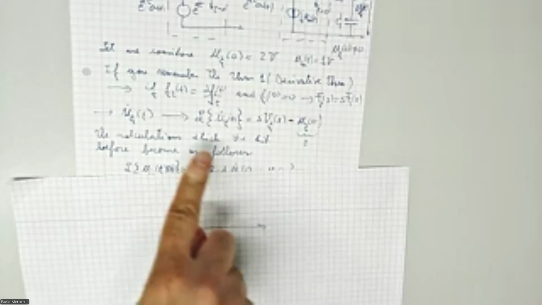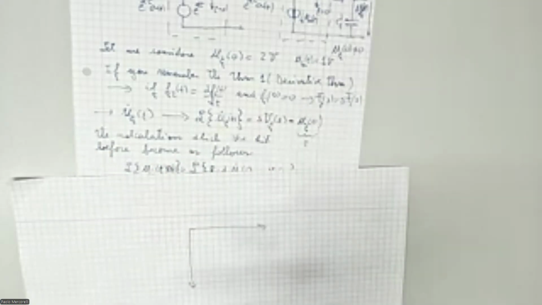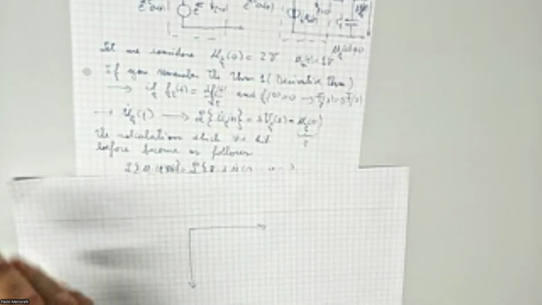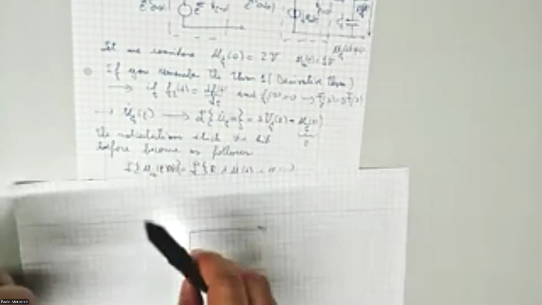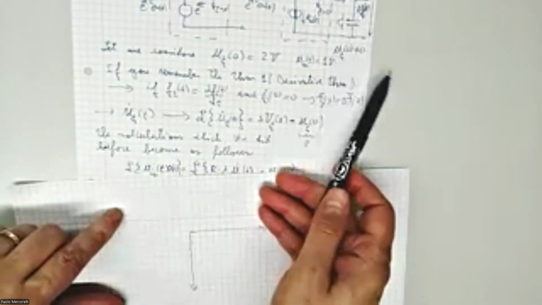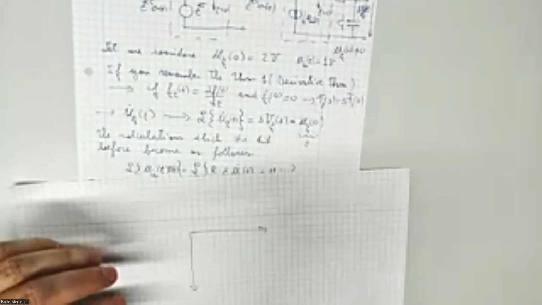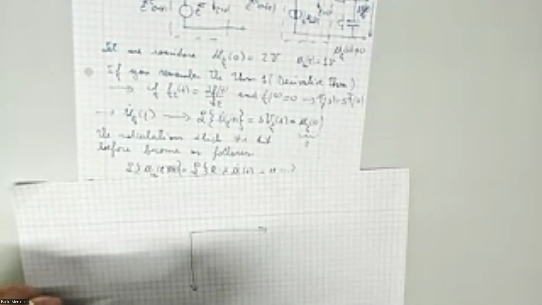But in any case, no problem to include what happens before 0. Before 0. You remember, until now we have seen something more in detail, 0 plus, 0 minus. But let me, at this moment, go ahead directly with this approach, and then we will discuss this also.